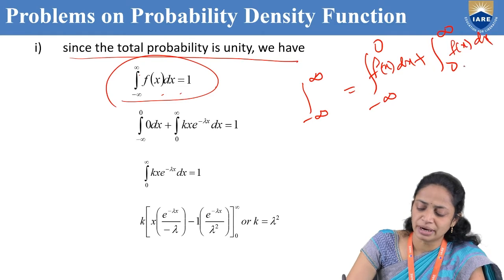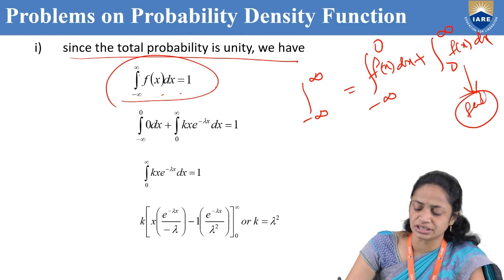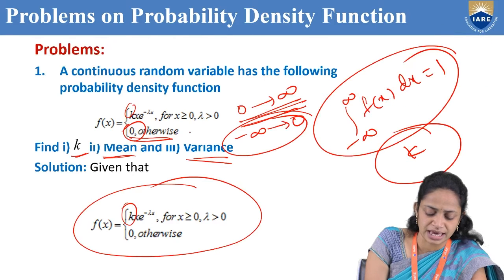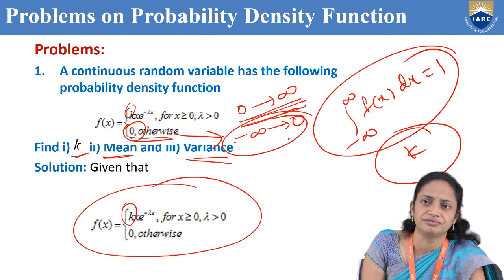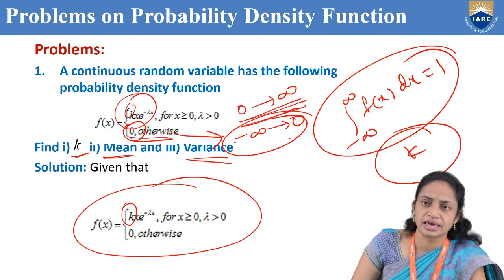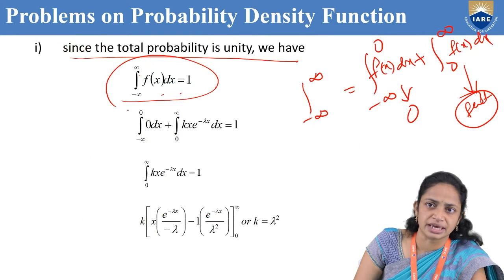In the minus infinity to 0 case the function is 0, and if the limits are 0 to infinity, the function is kx e power minus lambda x.